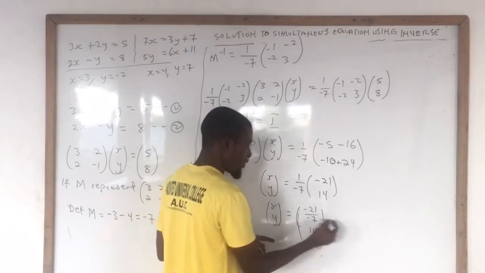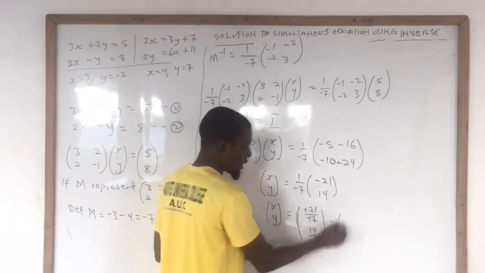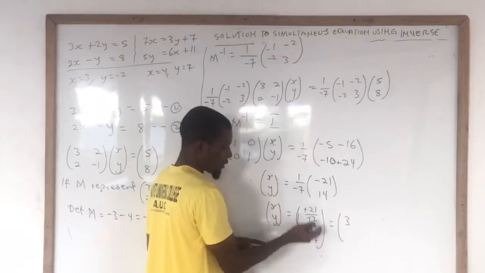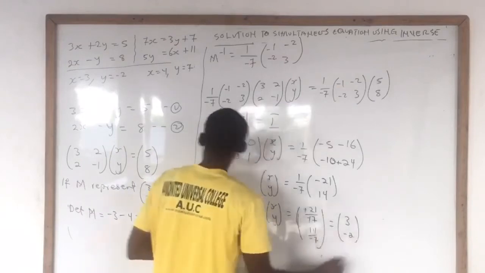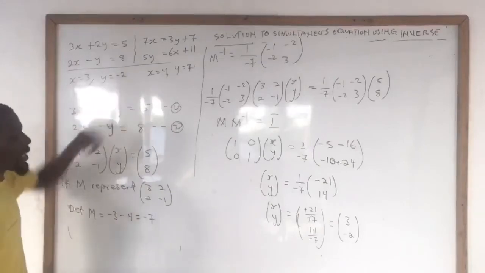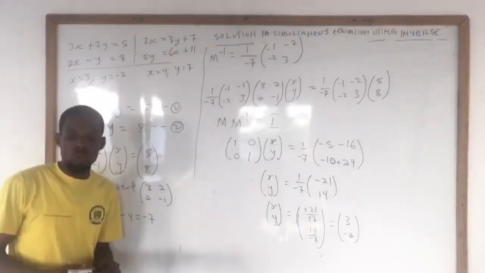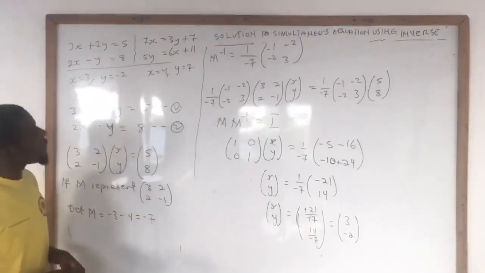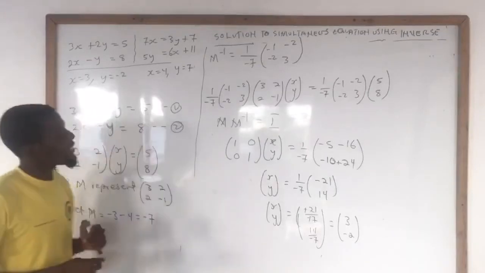And this is going to give us, 7 on 21 gives me 3, and then 14 on 7, this one gives me -2. So if you realize, we've gotten our x to be 3 and our y to be -2. Are you okay? All right, so let's solve the second one.